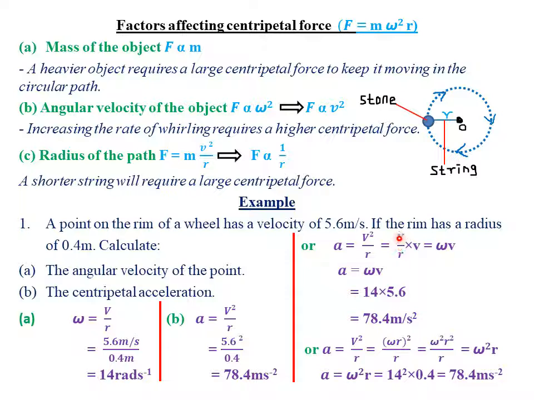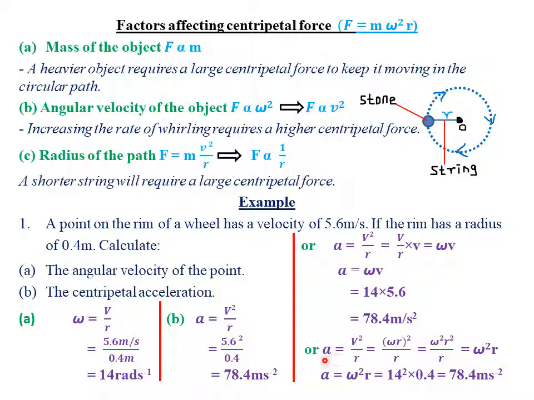Therefore, if I substitute angular velocity where I have v over r, the formula for centripetal acceleration can as well be the angular velocity multiplied by the linear velocity. Because we already have the angular velocity as 14 radians per second, we just multiply by the linear velocity, which was 5.6. So we get the same value of centripetal acceleration, 78.4 meters per second squared.